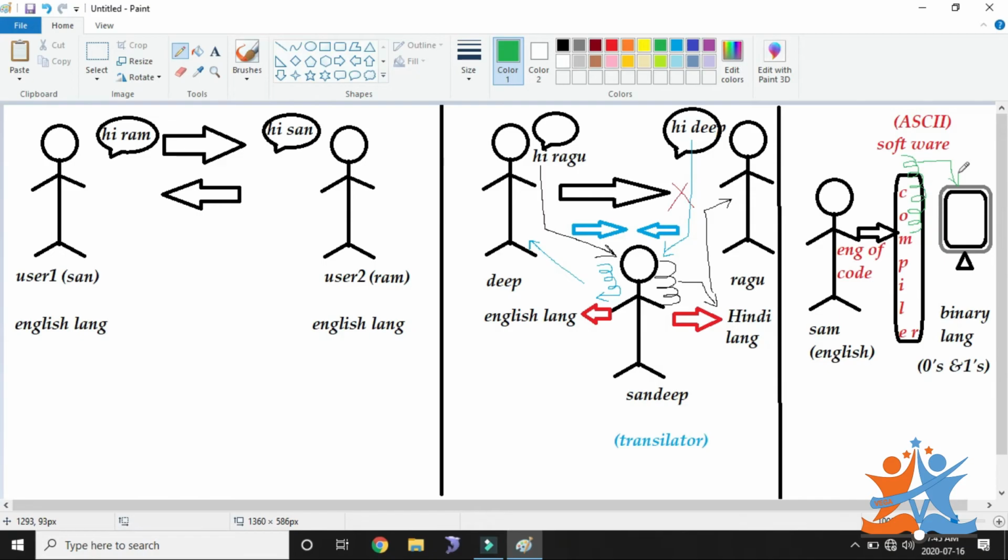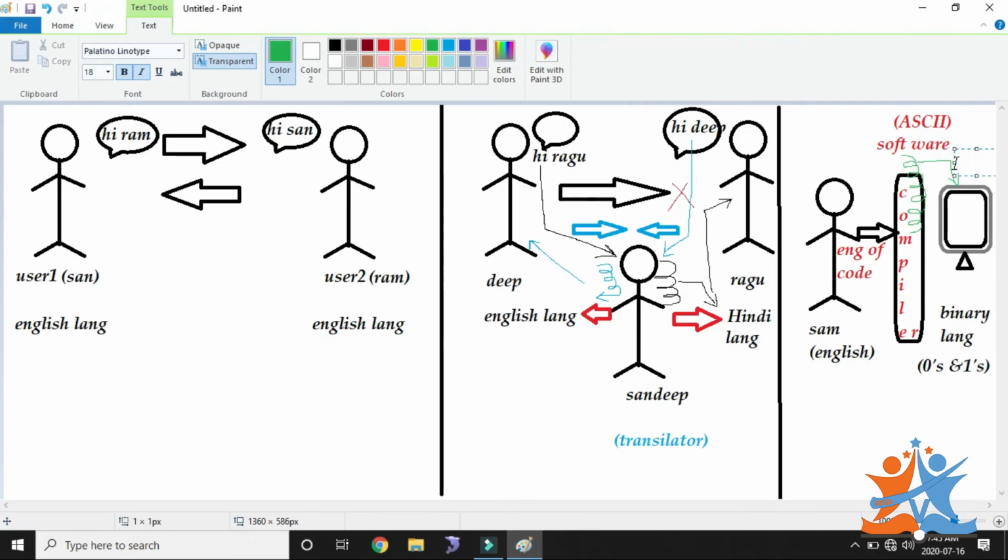So this binary type of file will be given to the system.